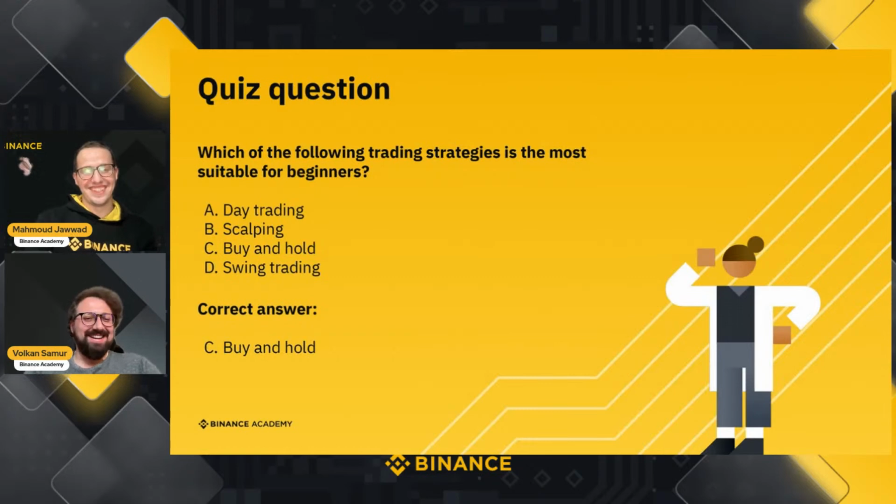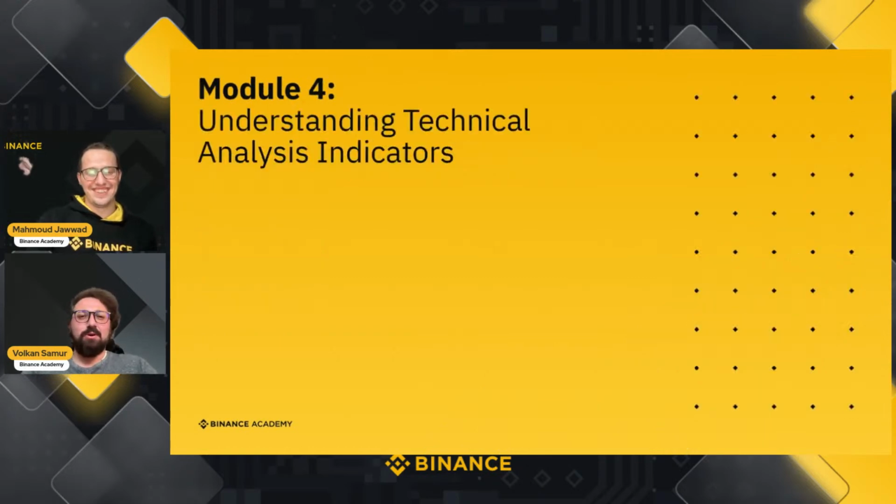All right. So then we can continue directly with module 4. Now we are diving a little bit more into the technical part. Module 4 is technical analysis and indicators. This one might be a little bit dry for some of you, but if you're really interested in trading, those are really the fundamentals that you need to be aware of.